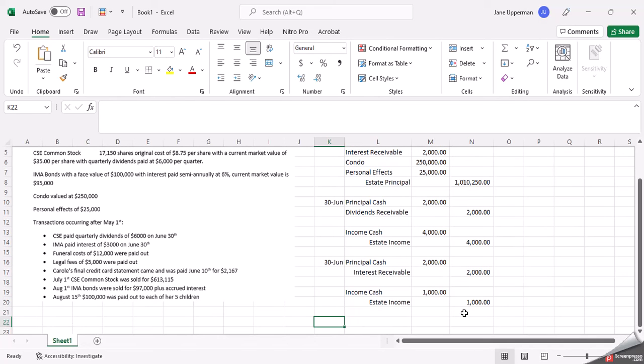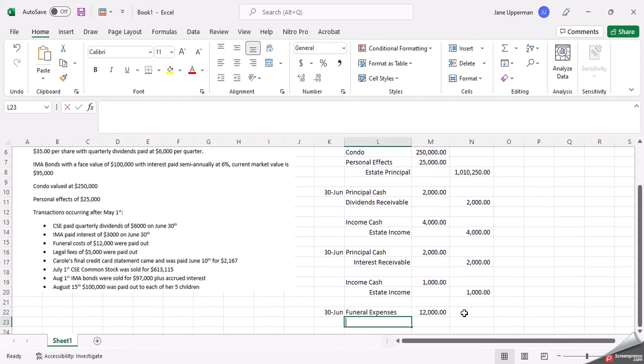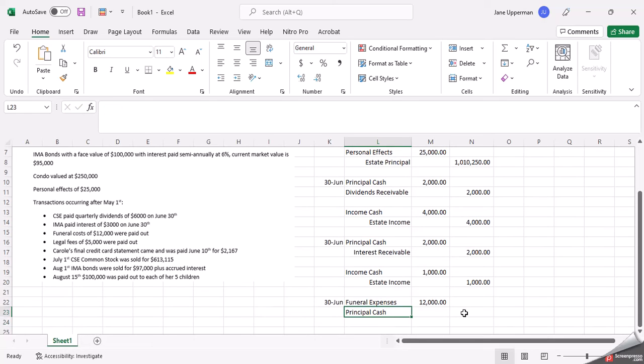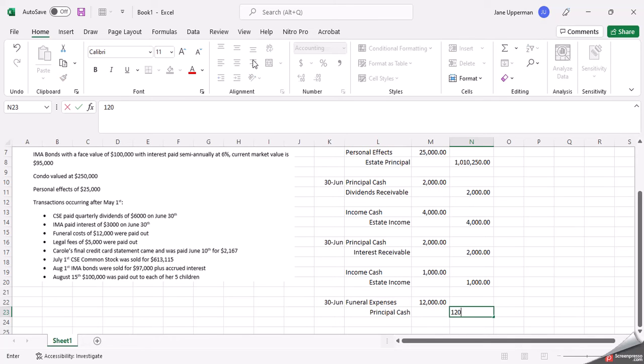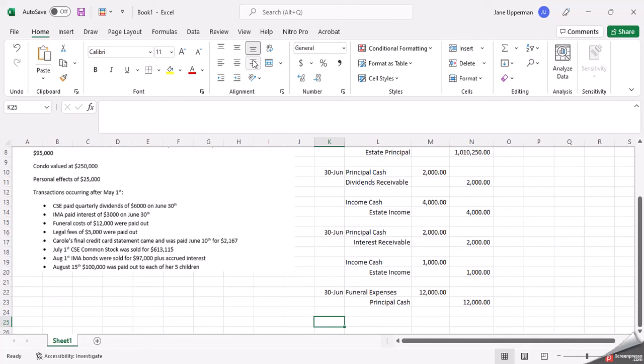And then the next transaction, we paid funeral costs, doesn't give us a date, so let's just say it's the same day. So then we would have funeral expenses. And that would be the 12,000, and that's going to be paid out of our principal cash. So any of those estate costs all get settled out of the principal cash.